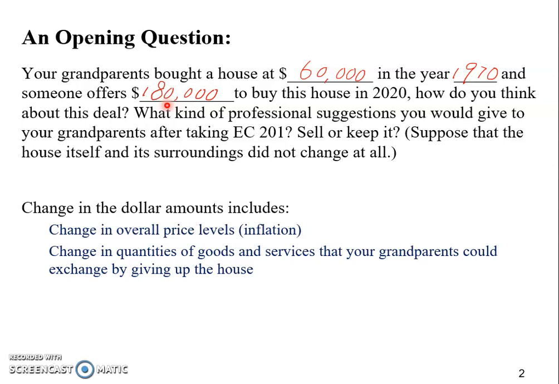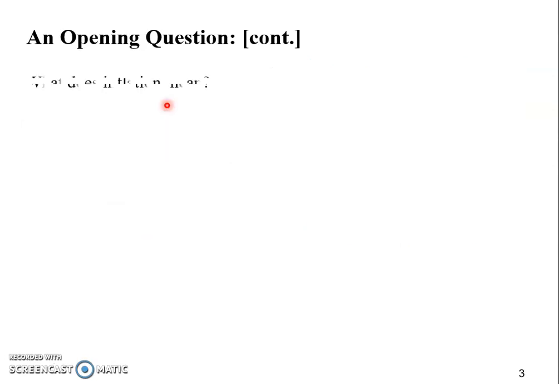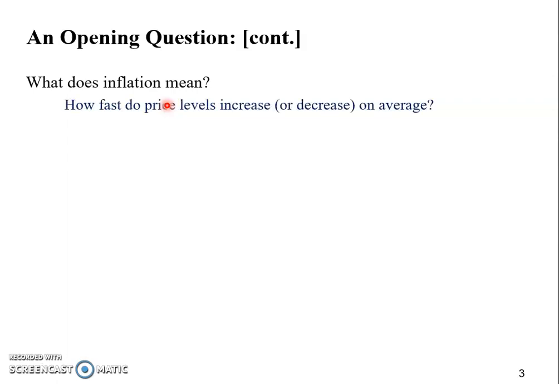Now here let's think about what inflation means. There are actually 2 ways we can either define or measure inflation. The first one is how fast do price levels increase or decrease on average.